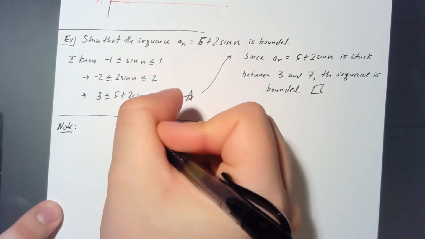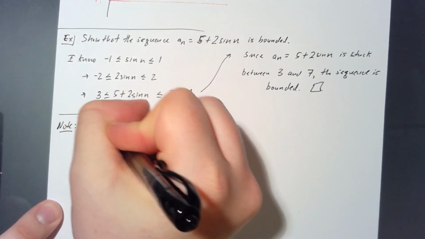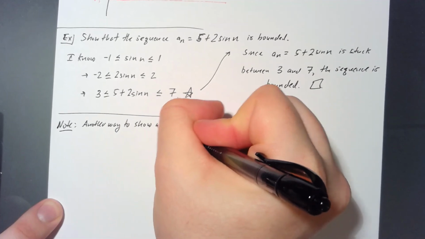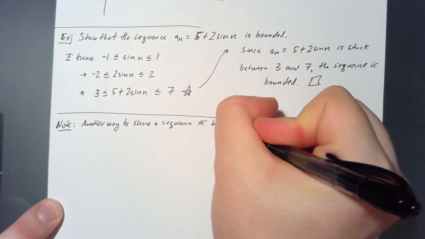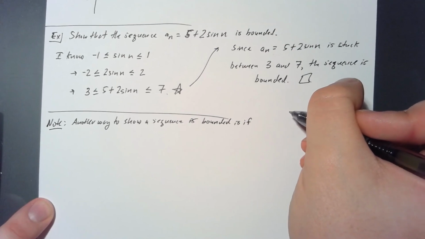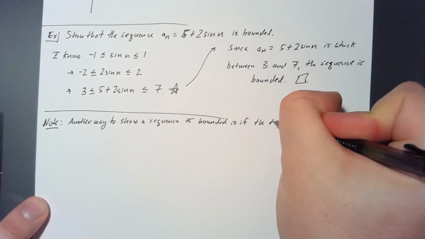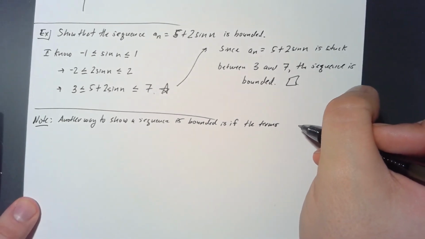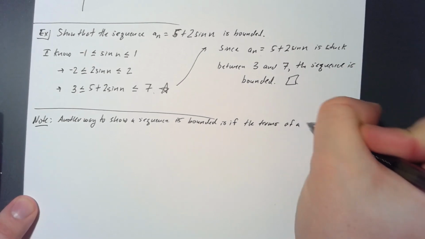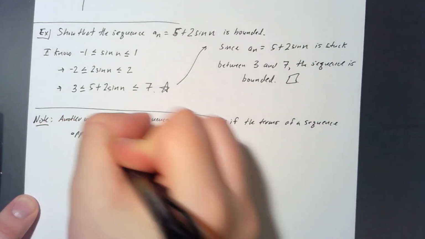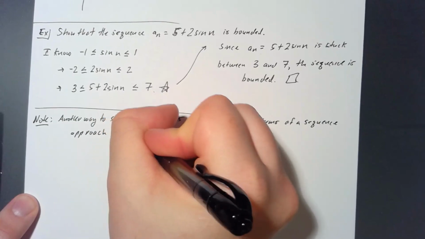Note: another way to show a sequence is bounded is if the terms of a sequence approach a finite limit.